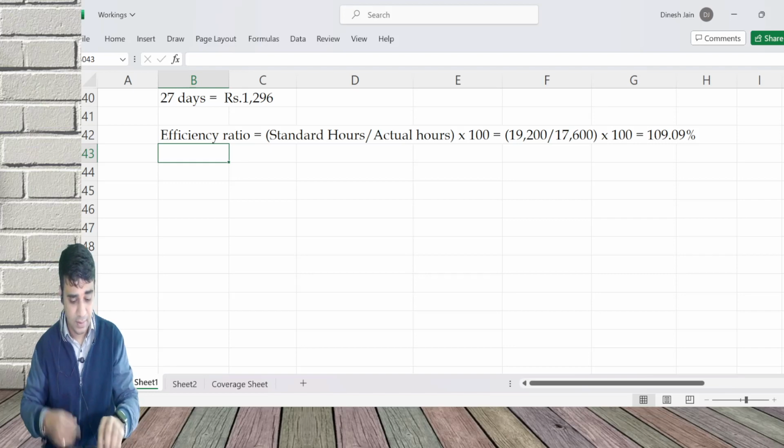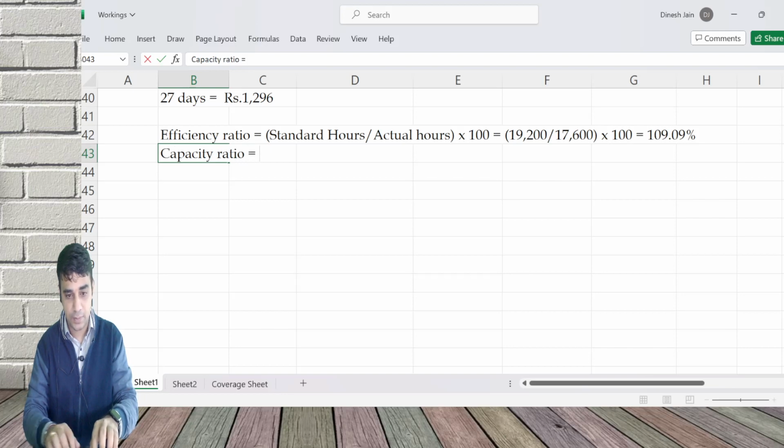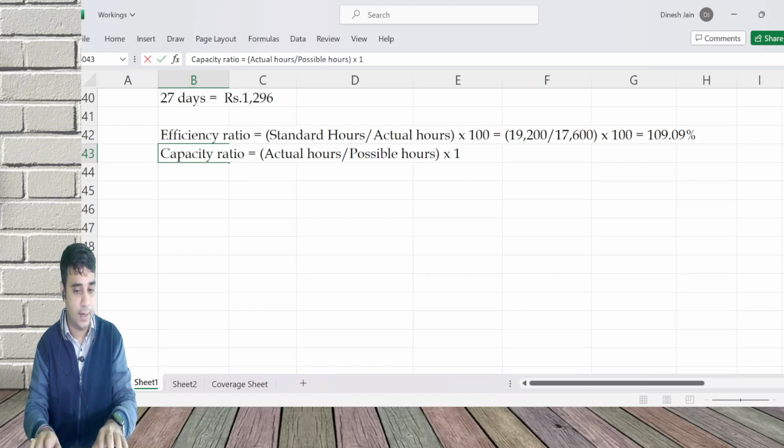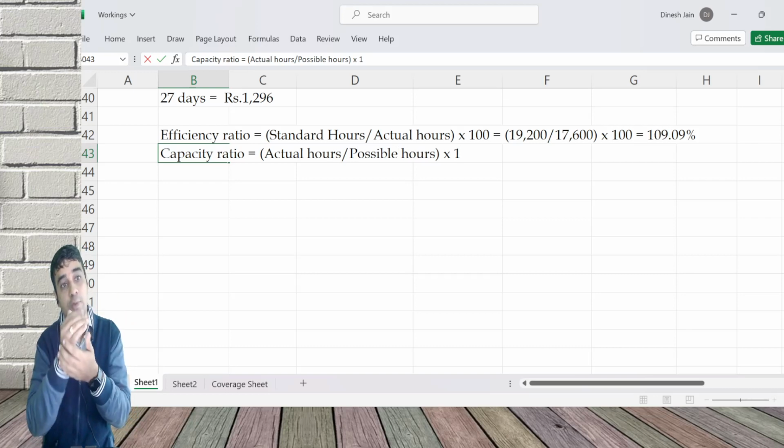What's the next one? Capacity ratio is equal to actual hours by possible hours. Listen, the formula can be different if you have it without calendar. That is why you will have to put the chart, and if it's without calendar, it's actual by budgeted hours.